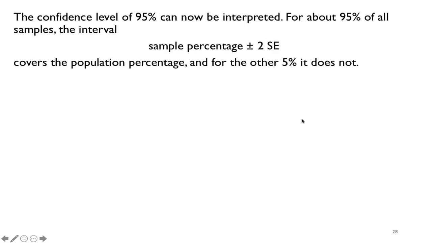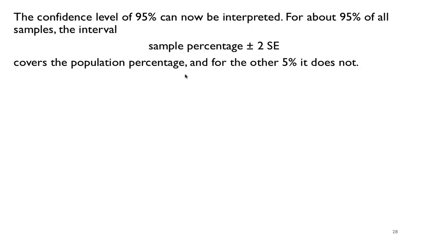The way we interpret this 95% confidence interval is that for about 95% of all of the samples, this interval will contain the population percentage, and the other 5% will not. So if I were to repeat this survey 100 times, 95% of the time my survey confidence interval does include the true population percentage, and if I'm unlucky, some of my surveys might not.